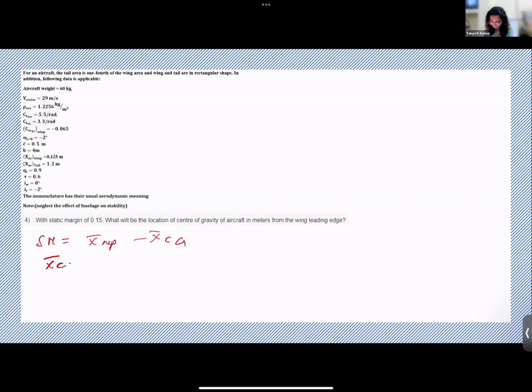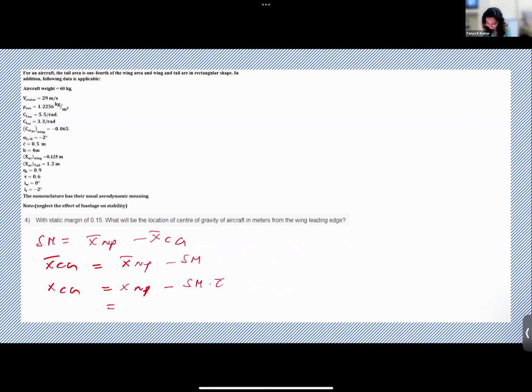So x bar CG is x bar NP minus static margin. And you just need XCG, not x bar CG. So XCG is XNP minus static margin into C bar. XNP, what we calculated in the previous question. What was XNP?